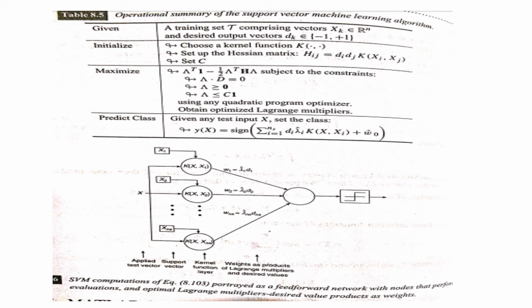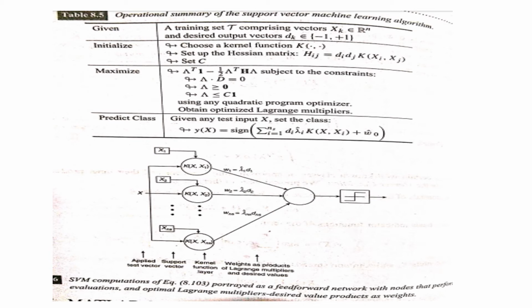Now for any unknown input or test input x, the output y will be calculated as y of x equal to sign of sigma i equal to 1 to ns, where ns is the number of support vectors, di lambda i cap k of x comma xi plus omega naught.